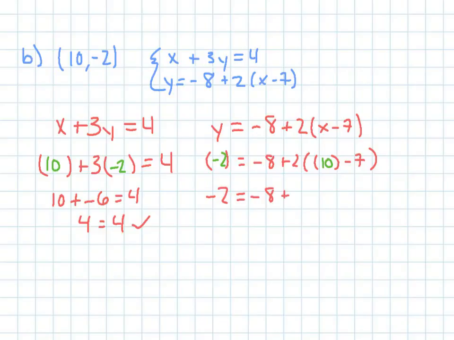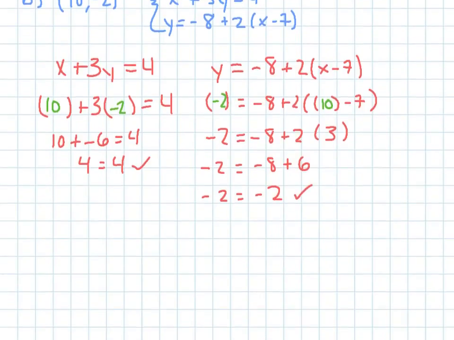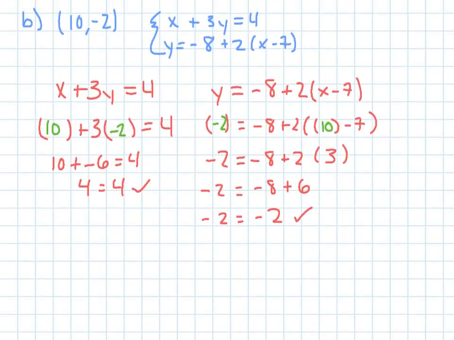Inside the parentheses it says 10 minus 7, so that would be 3. Then 2 times 3 would get me 6. And now negative 8 plus 6 gets me negative 2. Negative 2 equals negative 2, so that satisfies that equation. So that means (10, -2) is a solution.